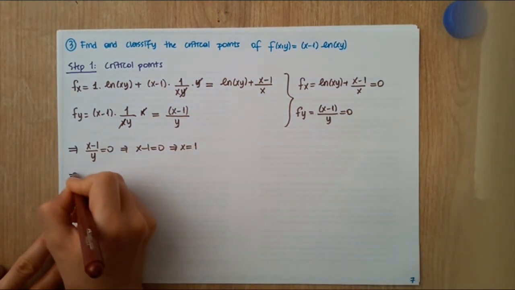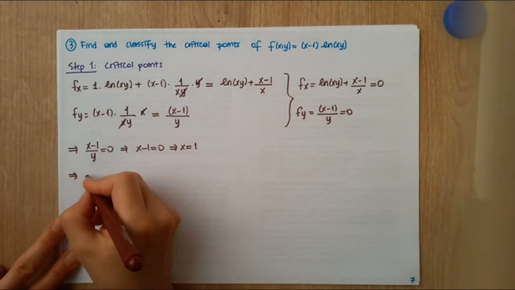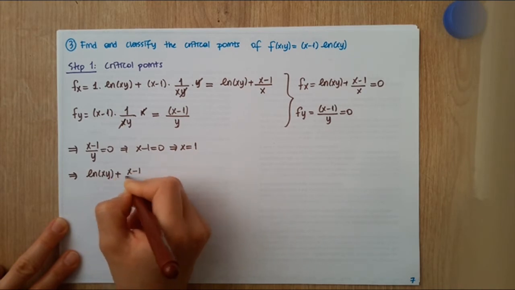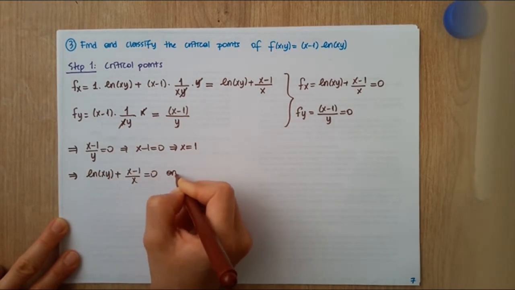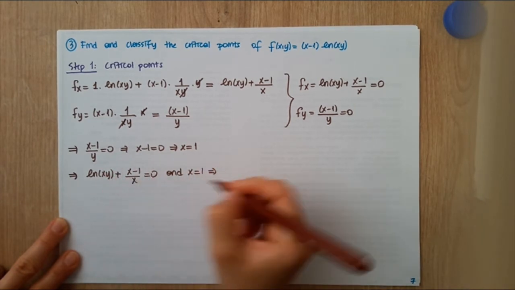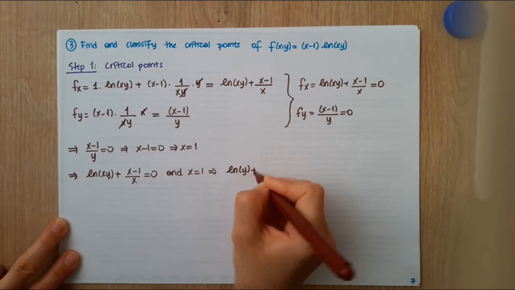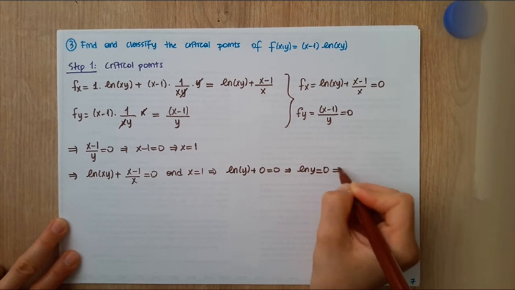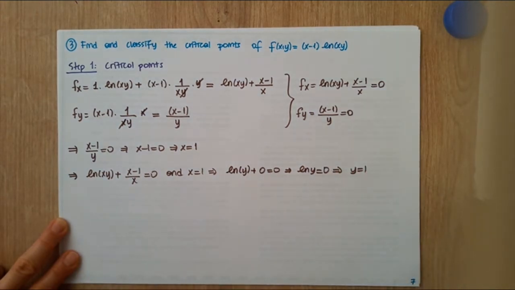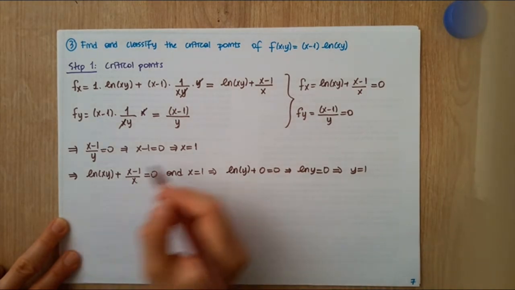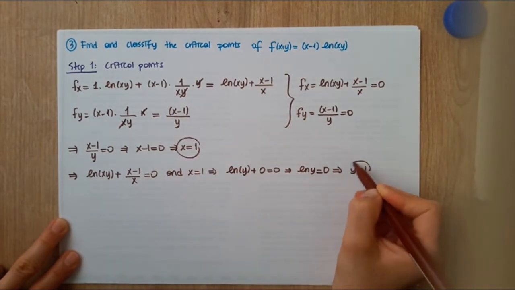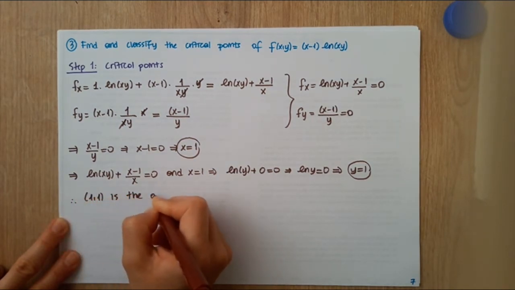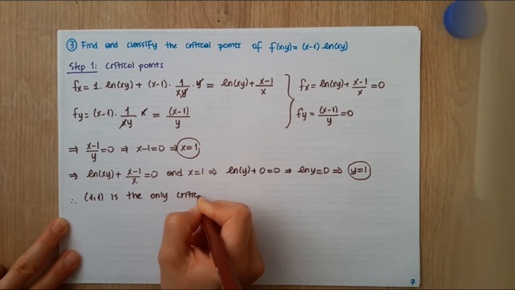So we have natural logarithm of xy plus x minus 1 over x is 0, right? And x is 1. So natural logarithm of y plus 0 is 0, which means natural logarithm of y is 0, so I have y is 1 here. So we have only one critical point, which is (1, 1). Because when x is 1, we have only y is 1 as the result. So as a result, (1, 1) is the only critical point here.